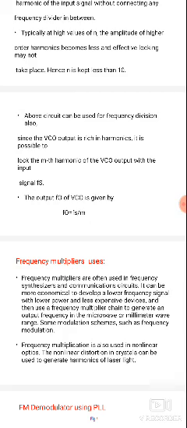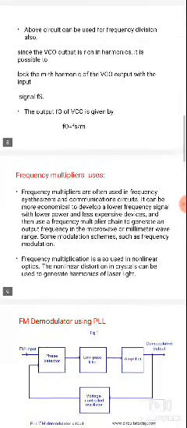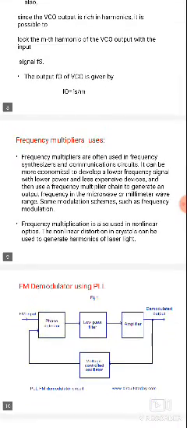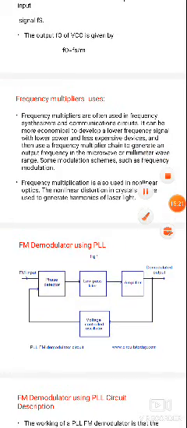The mth harmonic, instead of N into Fs, gives F0 equal to Fs by m. So the mth harmonic VCO output is F0 equal to Fs by m, or normally F0 equal to N into Fs.